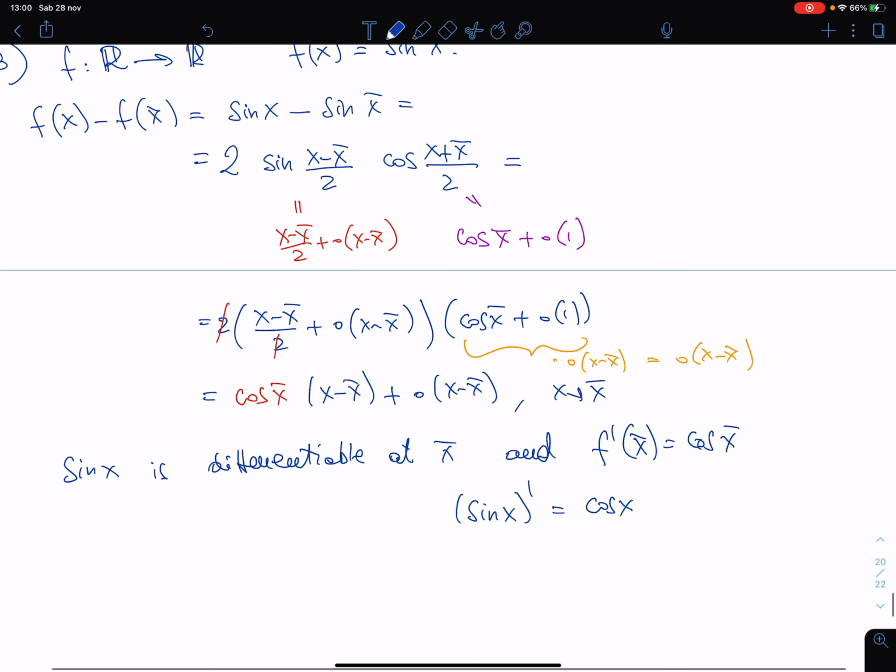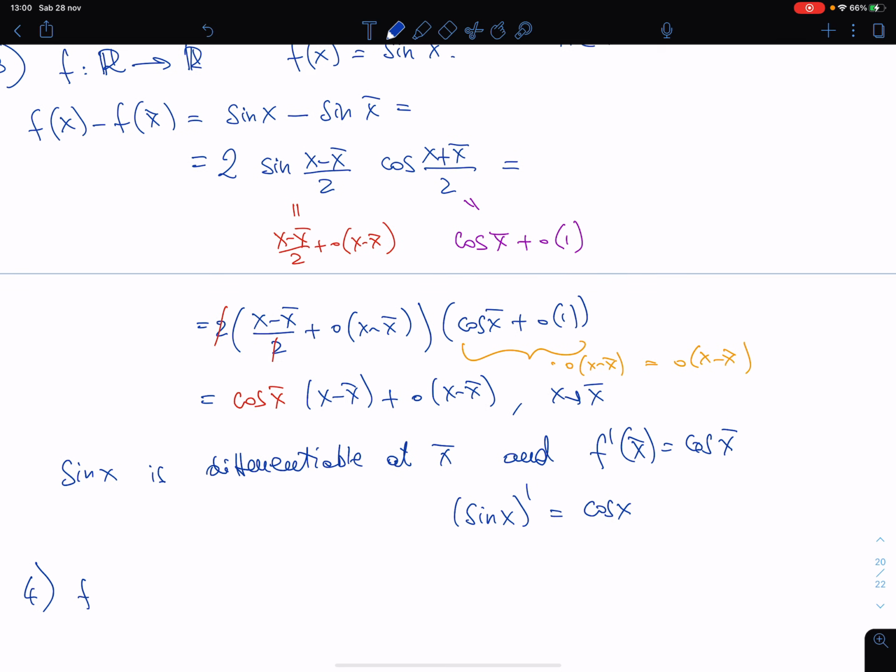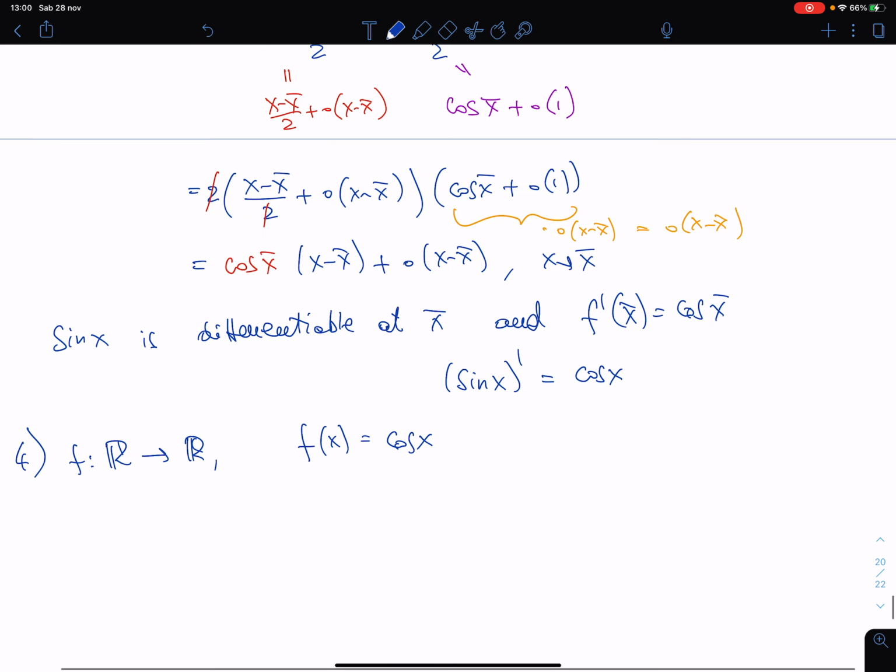And then the fourth example is, of course, the cosine. Again, f from R to R, f of x is equal to the cosine of x, and let x bar be any real number.